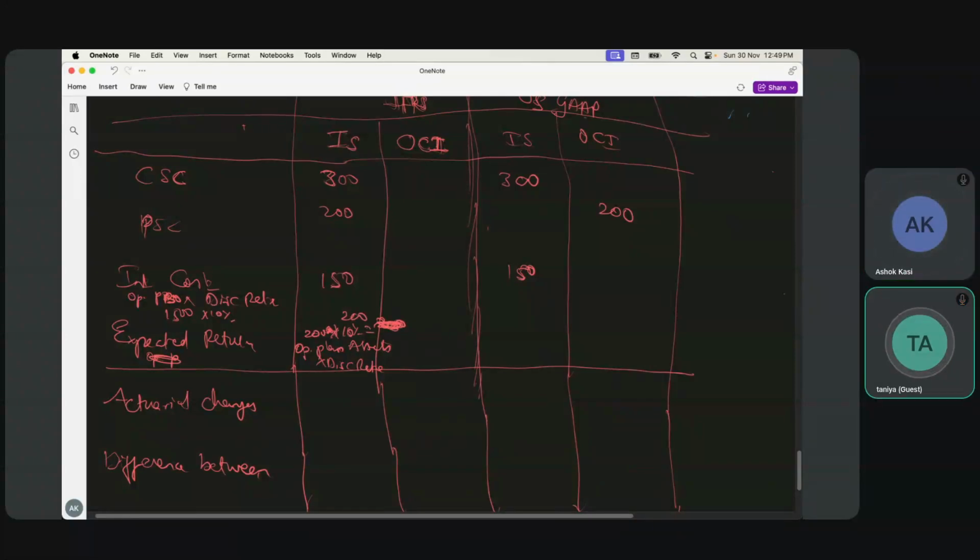And here it will be opening plan assets into expected return, which is 12%. So 2000 into 12% comes to 240. Now, because all these are positive numbers, I will put it in minus. These are expected return.